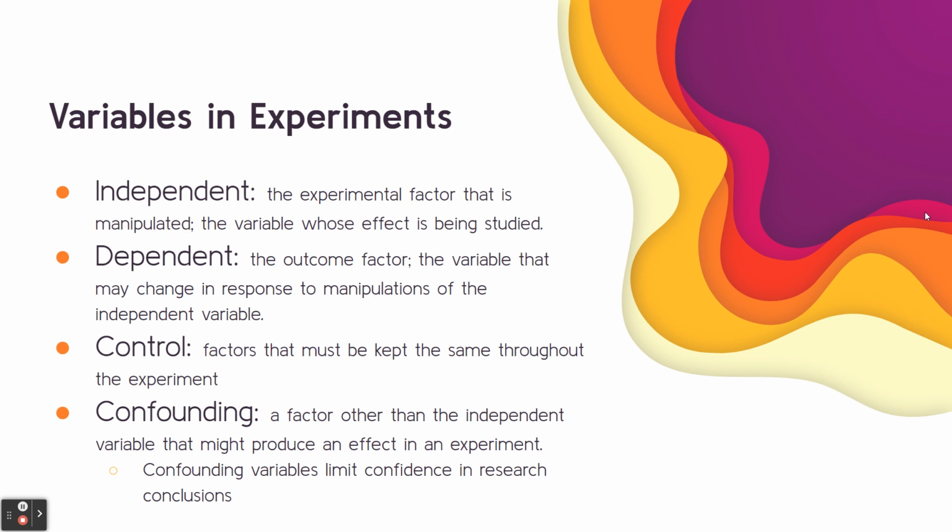Confounding variables are what pop up when not everything is controlled for. These are factors that happen that might actually have an effect on the experiment. If you're doing a test in a high school and the fire alarm goes off, that would be a confounding variable. It could have an effect on your results. Depending on the confounding variable and what happens, it can limit the confidence in research conclusions, and more studies will need to be done.